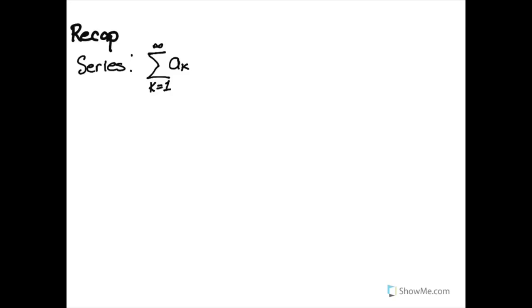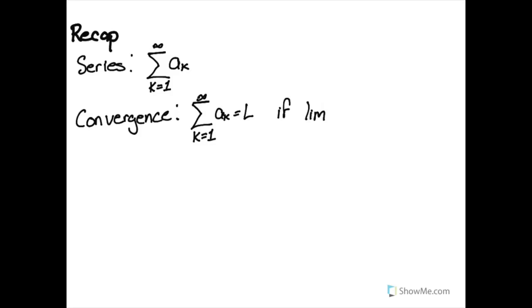And then we define convergence of a series as the limit of the partial sums. So we said that a series converges to L if the limit of the partial sums Sn as n goes to infinity equals L.